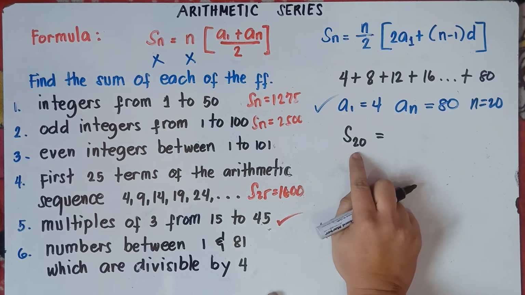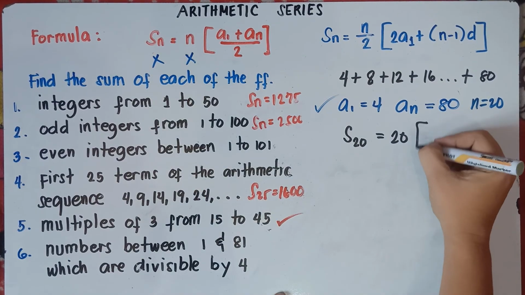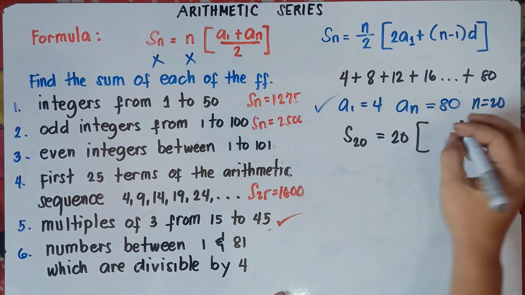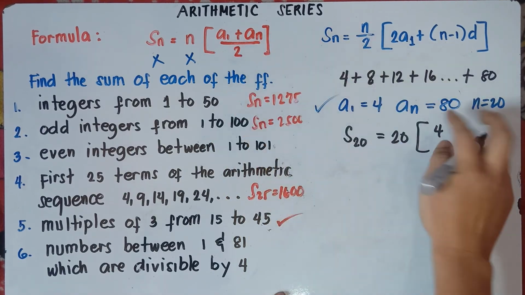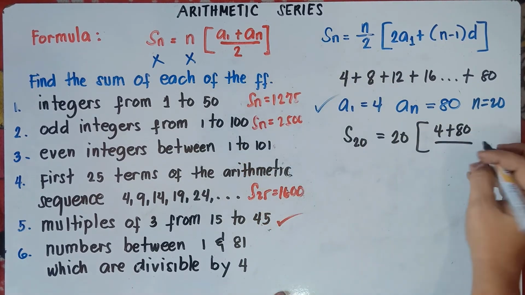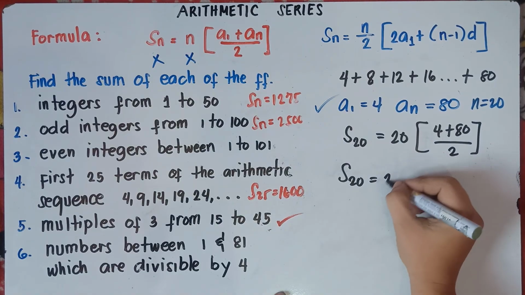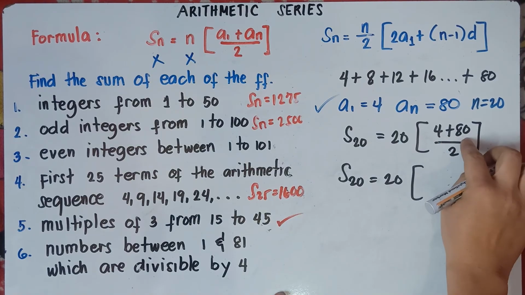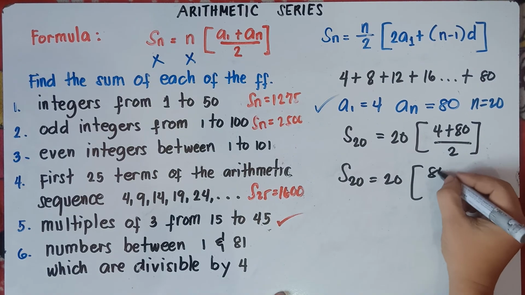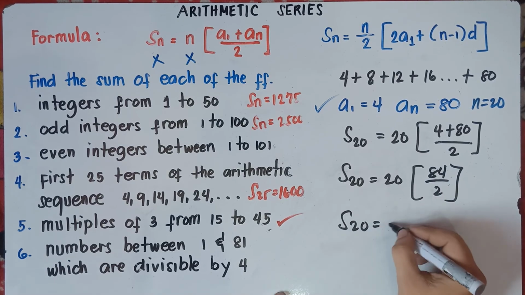N is the number of terms, so that would be 20, times the first term 4 plus the last term 80, divided by 2. So S sub 20 equals 20 times 4 plus 80, that's 84, divided by 2. So S sub 20 equals 20.